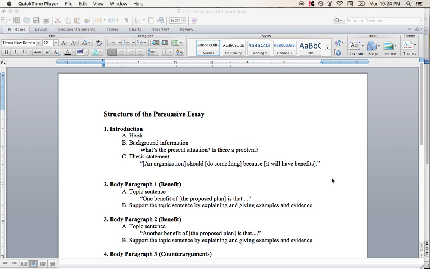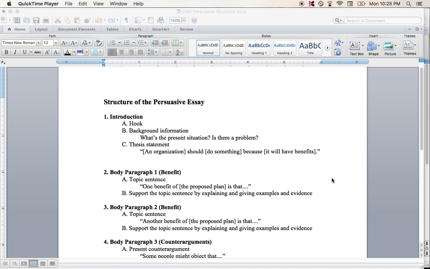So, just to remind you all, the persuasive essay is focused on convincing someone to do something differently. The most important sentence is the thesis statement, where you say what your plan is. And the rest of the paper is built around convincing the audience that that plan of yours is a good idea.